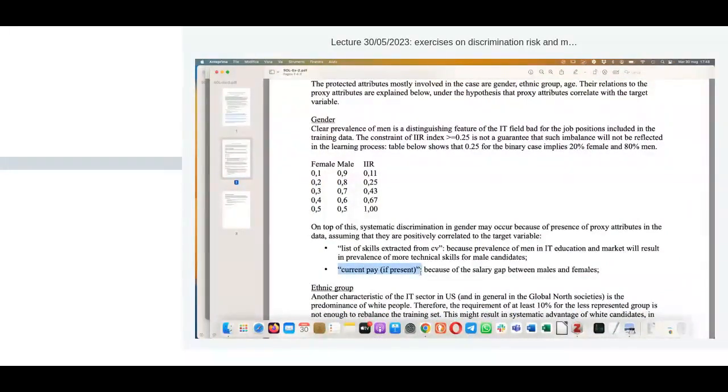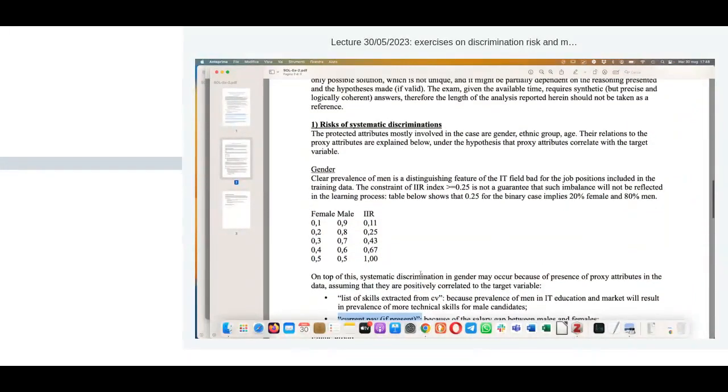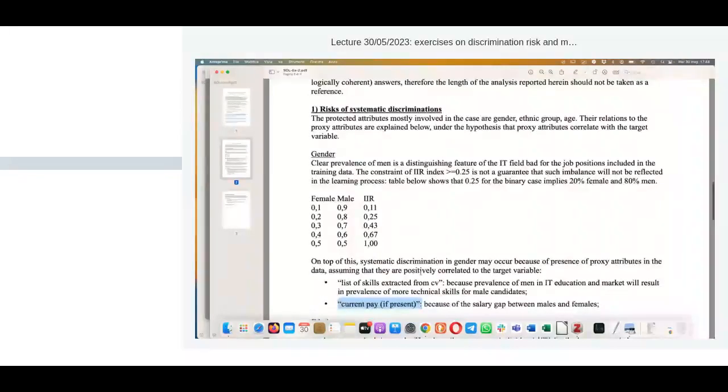Because of the gender pay gap that we analyzed, this might be higher for men. And if, and only if, the proxy attribute, current pay, correlates with the target variable, then you might have this risk.